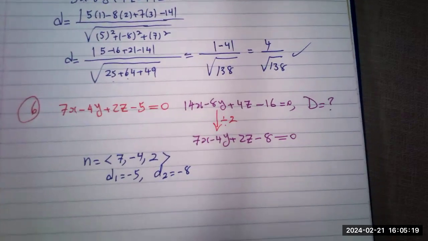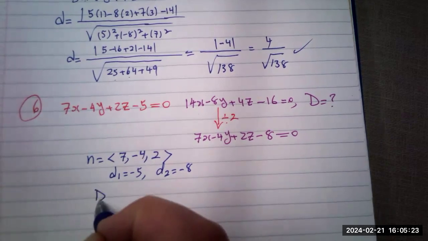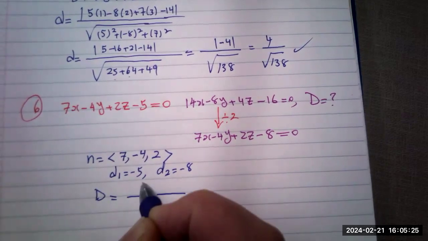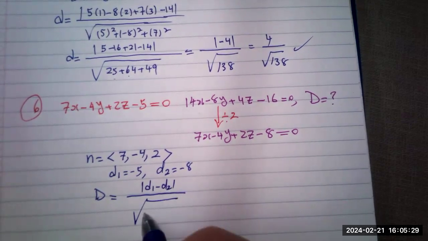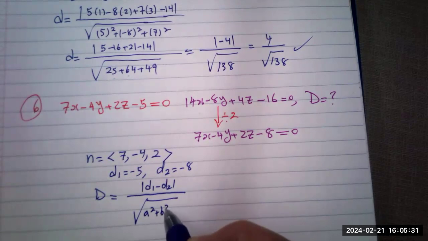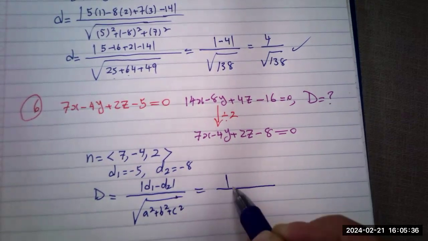Okay, make sure it's in the standard form. Now we are ready. Distance between 2 parallel planes, the absolute value of D1 minus D2 over the square root of a squared plus b squared plus c squared. Substitute.